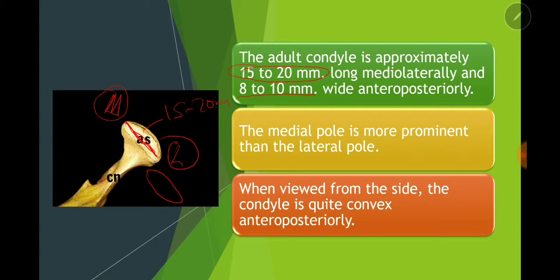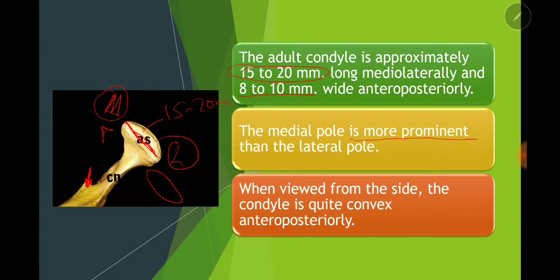If you know the anatomy of the TMJ, you can see this is the lingula, where the sphenomandibular ligament attaches, and that is on the medial side. So you have to know your anatomy. The medial pole is more prominent, meaning it's pointed, compared to the lateral pole.